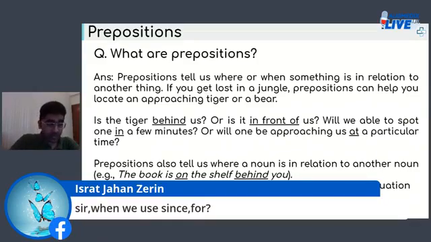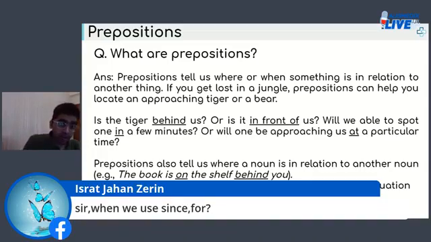You're still doing it, such as, for example, say you joined a company in 2015, and you are still working for that company, right? So you say, I've been working for XYZ since 2015.